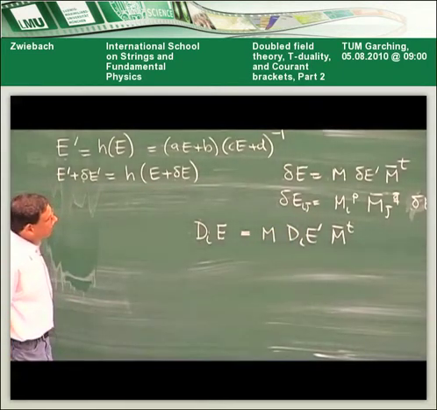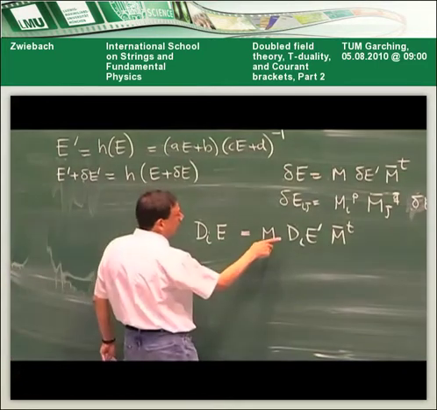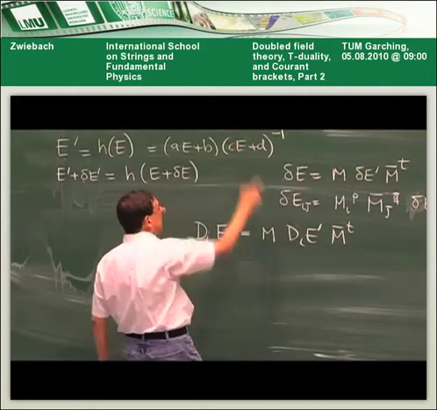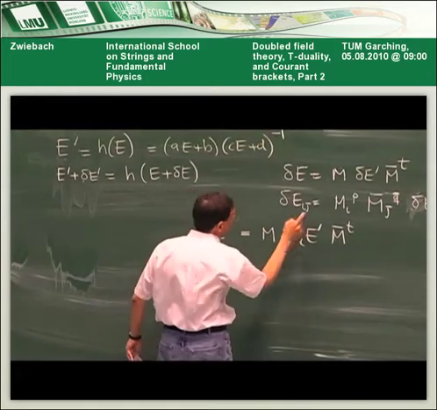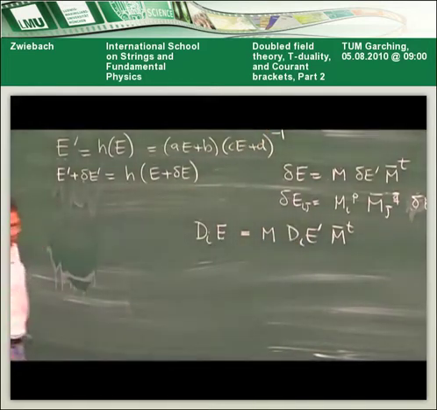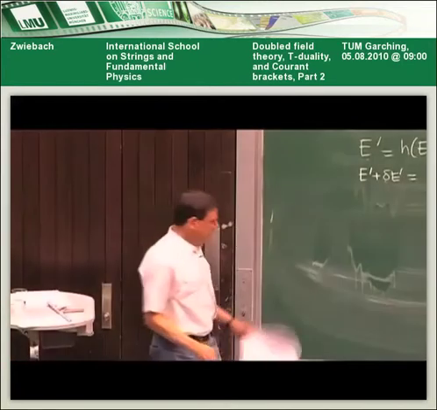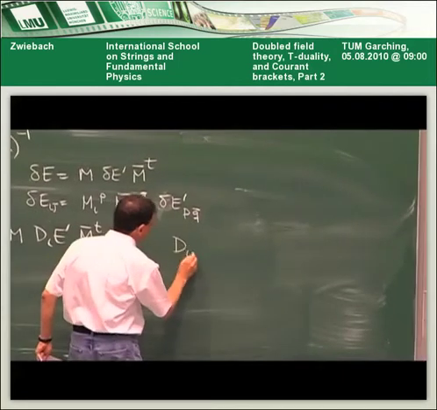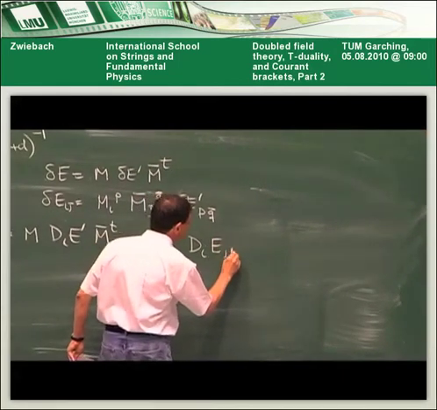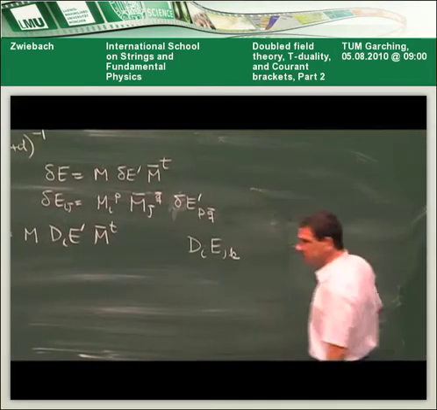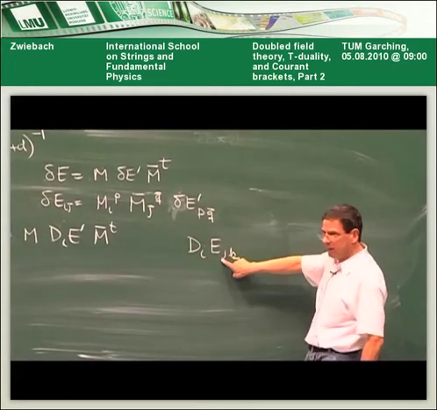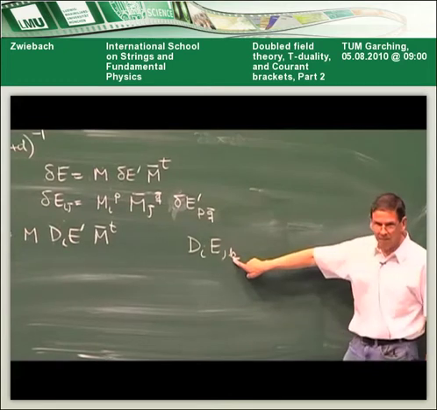On the other hand, if I want to write it in terms of completely primed objects, I have to use that di is another m acting on di prime. So at the end of the day, the summary is that if you write something like di ejk, this is a tensor that transforms with an m on this index, an m here, and an m bar there.